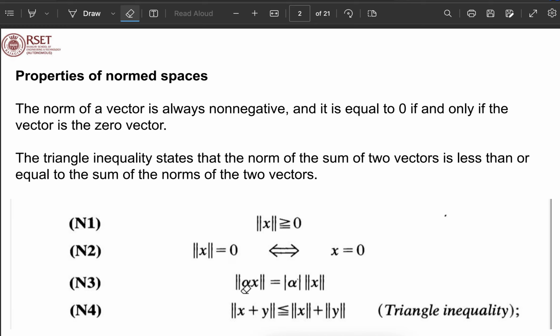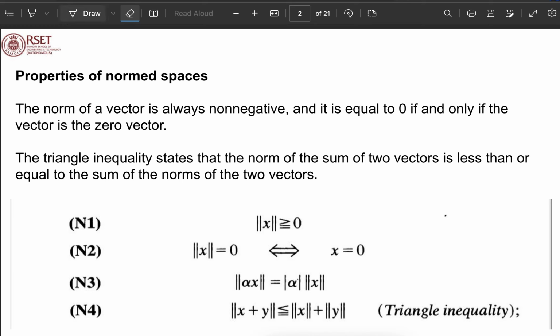Third property says that norm of alpha x, that is when we multiply a scalar alpha with a vector x, then its norm will be equal to mod alpha into norm x. Fourth property is called the triangular inequality, which says that the norm of the sum of two vectors is less than or equal to the sum of the norms of the two vectors.